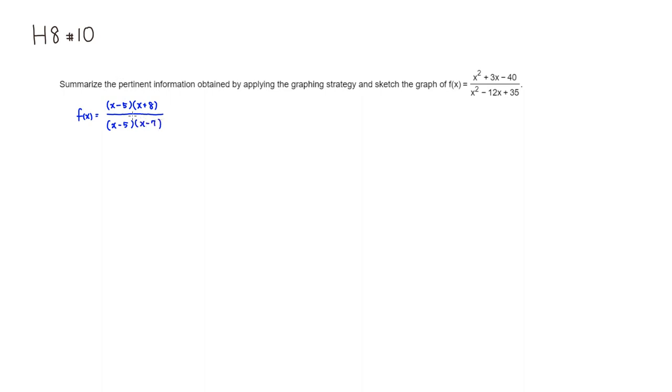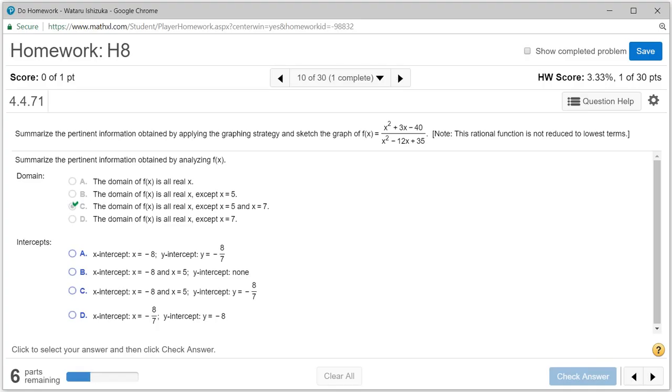So you can see that the domain is going to be all real numbers except for 5 and 7. So we got that one.